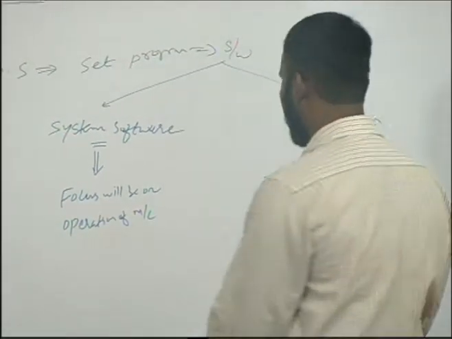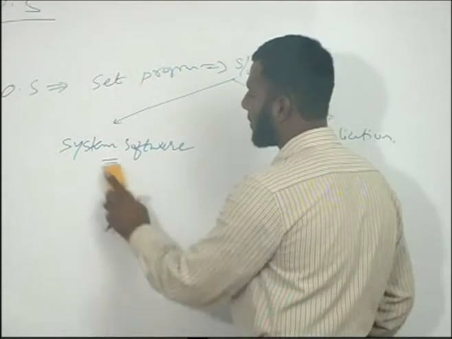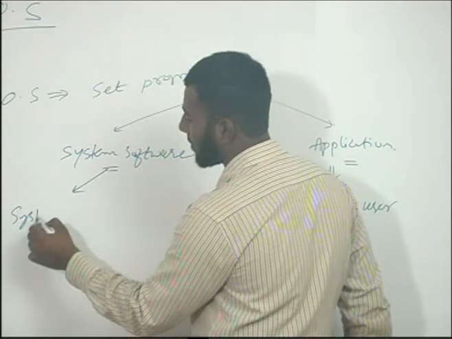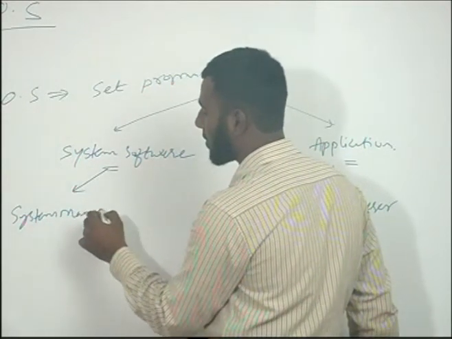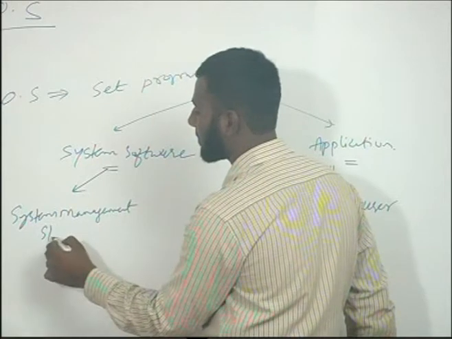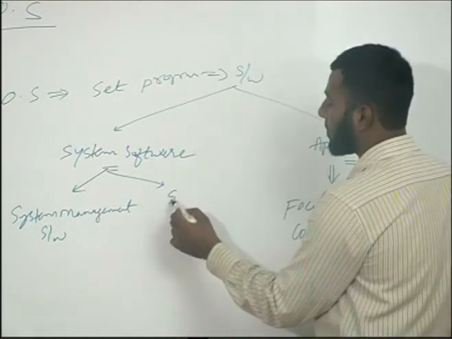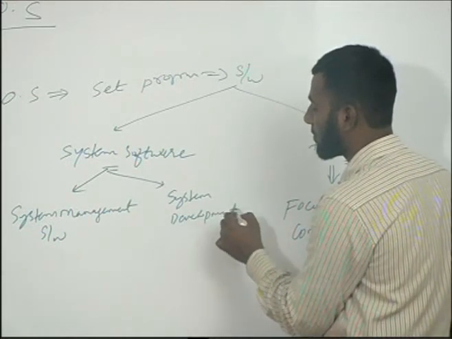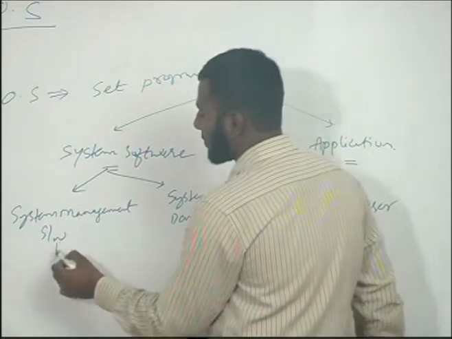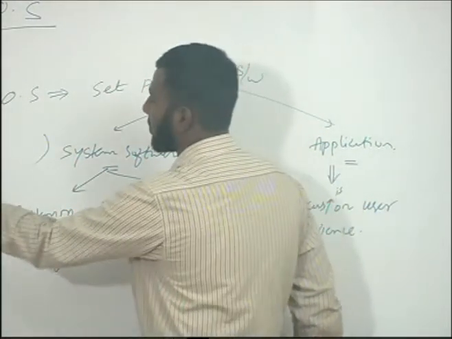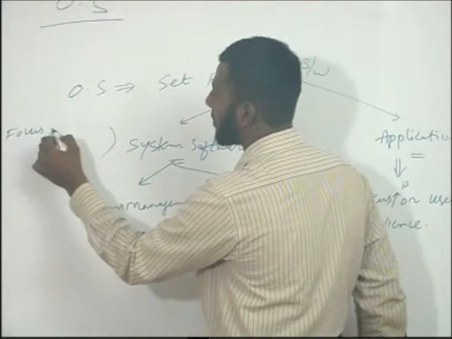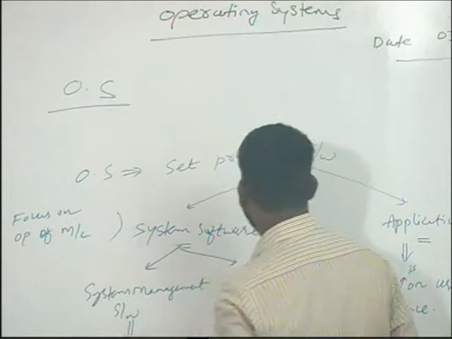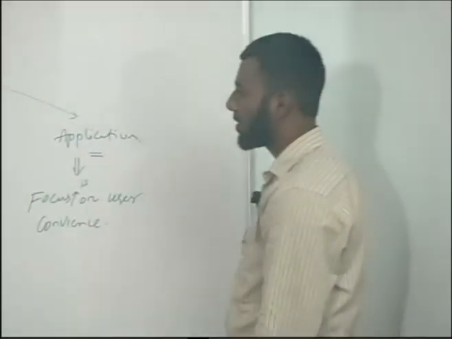Depending upon those, system software has been divided into two categories: system management software and system development software. So system software focuses on operation of the machine, and application software focuses on user convenience.